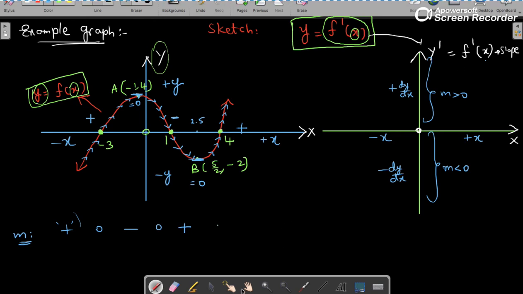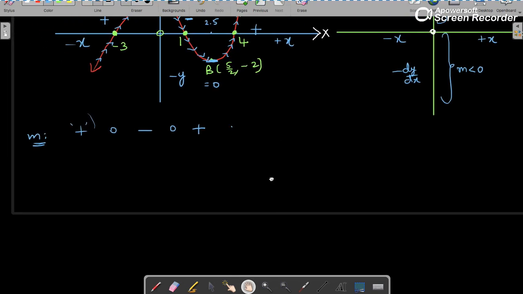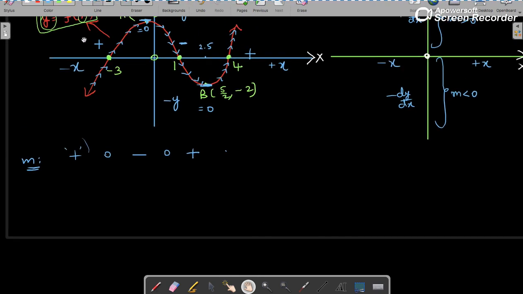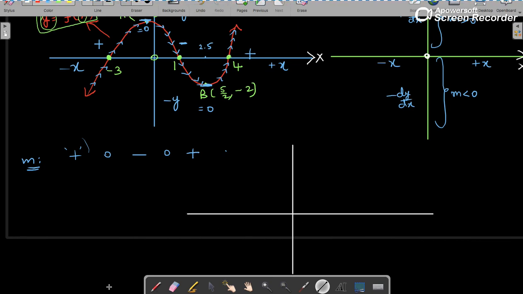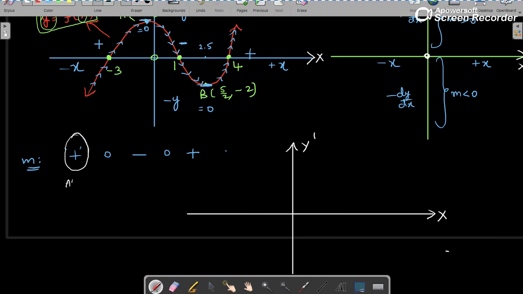So let me take one more axis to graph this. Now I take the x-axis and the y-axis, which is y dash. Now increasing slope is positive, that means the graph in this region will be above the x-axis.